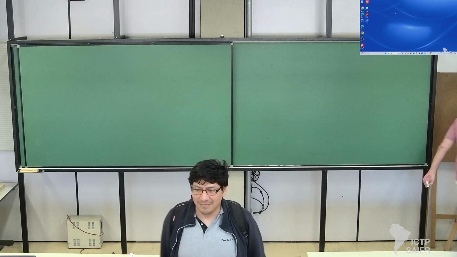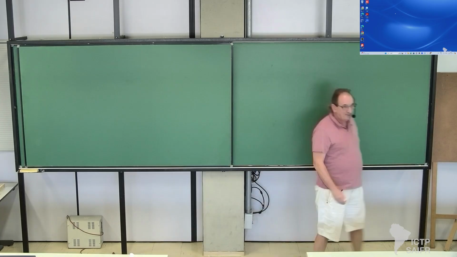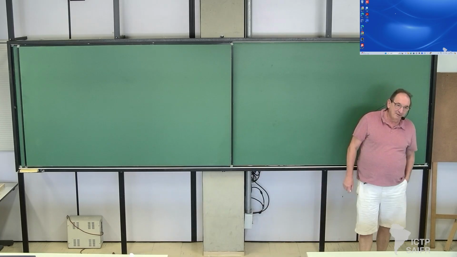So how can I do this kind of thing? I can divide my population into classes. Let's start with a very simple model, which is the model that we discussed in the first class, the SIS model.